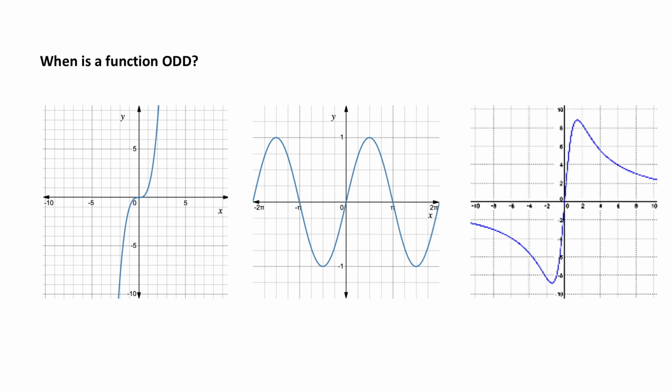Now, let's turn on to odd functions. Here I have the graphs of 3 different functions, and they all appear to have a different shape. Now, in this case, if you look very closely, you do not see symmetry about the y-axis. They are not symmetric about the y-axis.